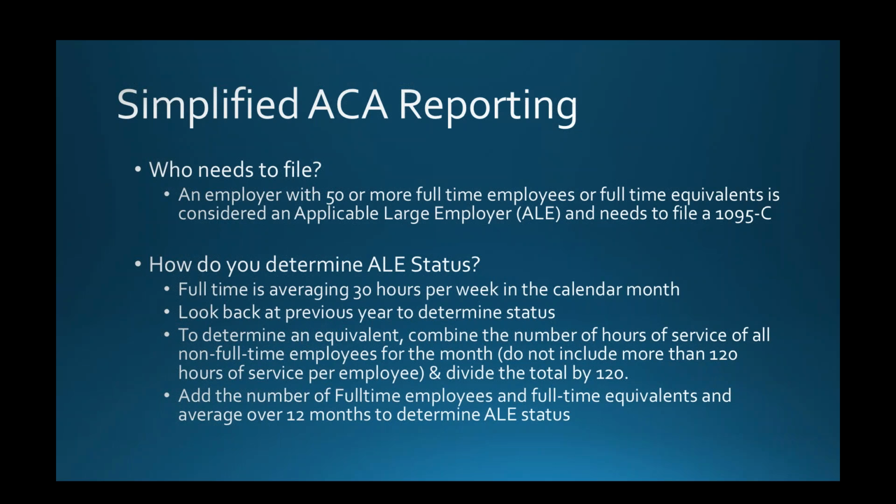Take your full-time employees out of the equation, look at non-full-time employees, and add together their hours. Don't include anybody who works more than 120 hours of service in that month, because that would make them full-time. Then divide that total by 120. Then add that divided number to your number of full-time employees, and that will determine your ALE status.